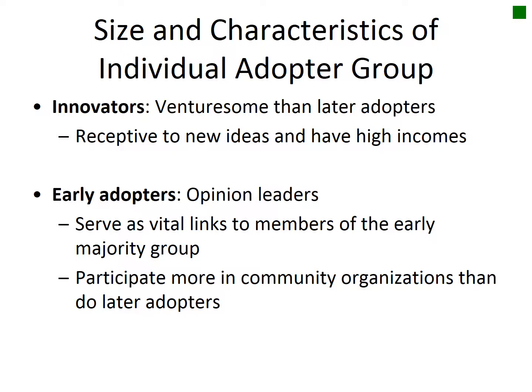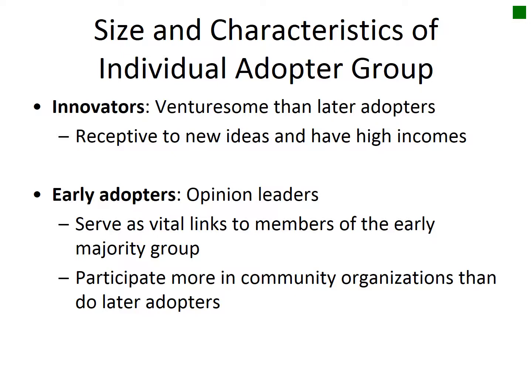So they might be real influencers, in other words, who are still risk takers, but they're respected among the people that they're with. So they participate more in community organizations than others, and so forth. So innovators and early adopters, they're the people who buy products first, but it's driven oftentimes by some psychological aggressiveness to the market and willing to take risks that others are not willing to take.